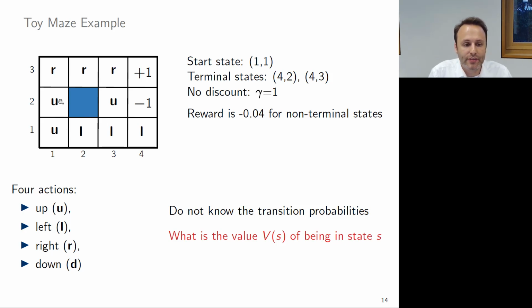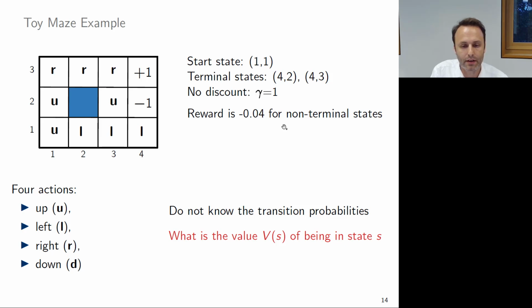And in each step here that is non-terminal, that is not one of these end states, we have to pay a cost for moving or for burning energy, for consuming some energy here. Yeah, and so the question is, what is the value of being in each of the states?